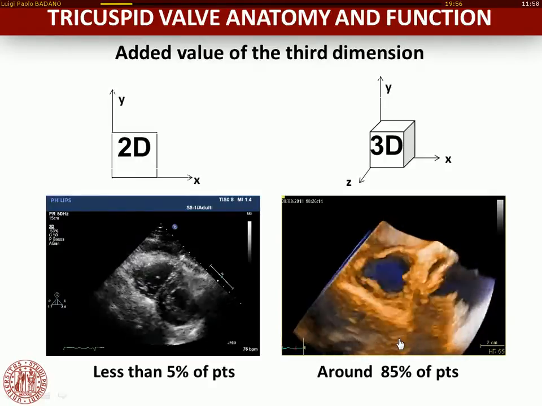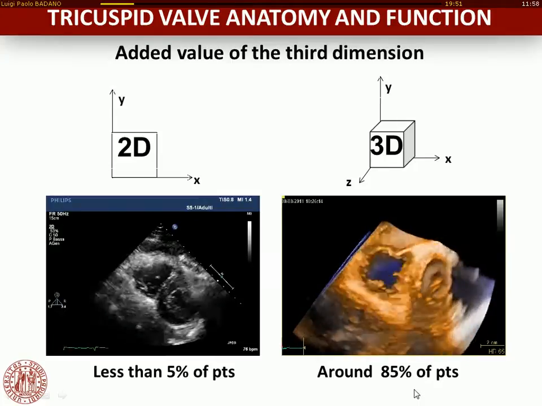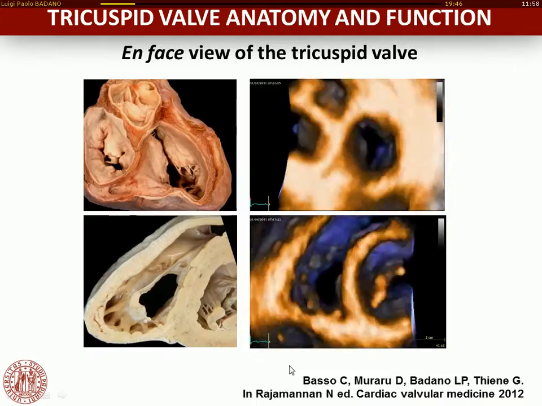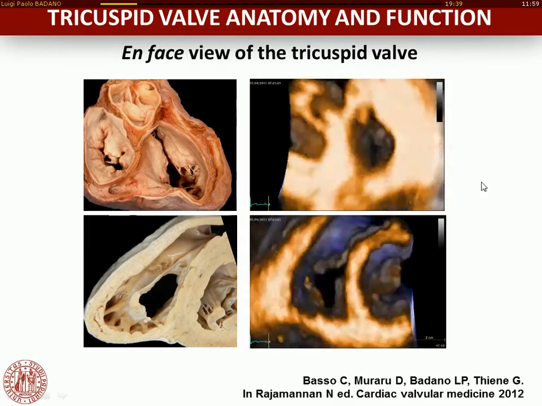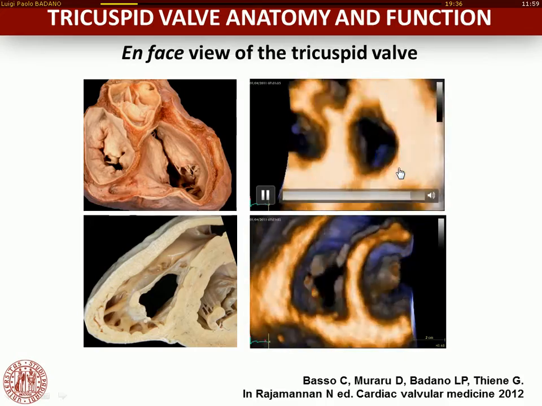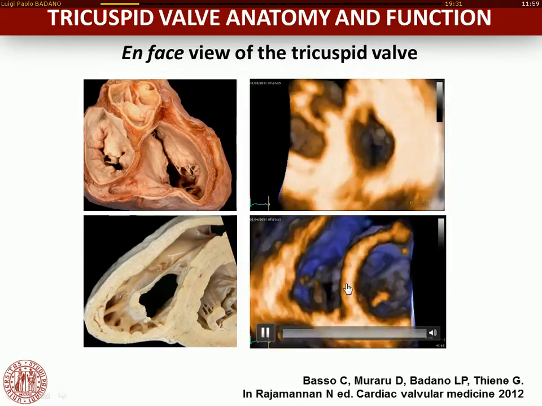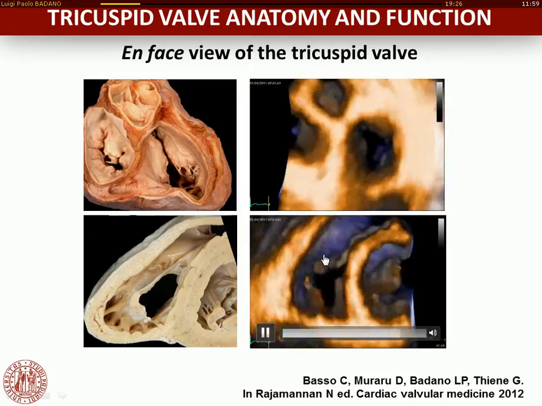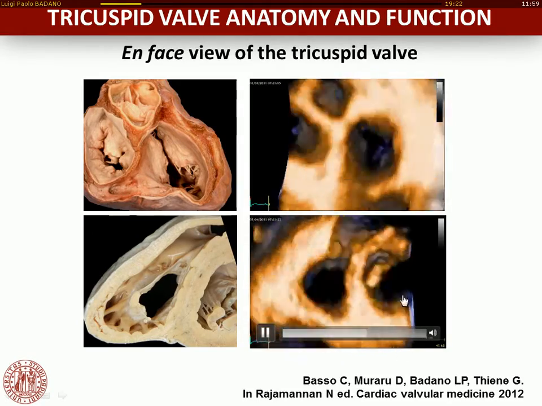You can have this nice view of the leaflets and the commissures in the large majority of patients. 3D now provides us the opportunity to look at the valve en face from two different perspectives: from the atrial perspective, that is the surgical view, and from the left ventricular perspective. You can see the septal leaflet, the anterior leaflet, the posterior leaflet, and this is the right ventricular outflow tract, and here is the pulmonary valve. This is the interventricular septum and the mitral.